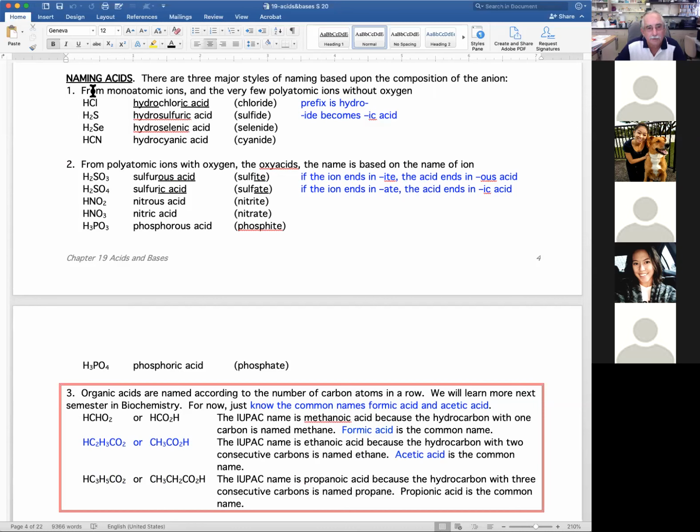So the root is the chloride ion, right? That's the root of this word. So we put hydro in front, and then we make it end in ic acid. So if I look at this one, there's hydro, sulfur, and then ic acid, hydroselenic acid, and hydrocyanic acid, because this doesn't have any oxygen in it, even though that is a polyatomic ion.